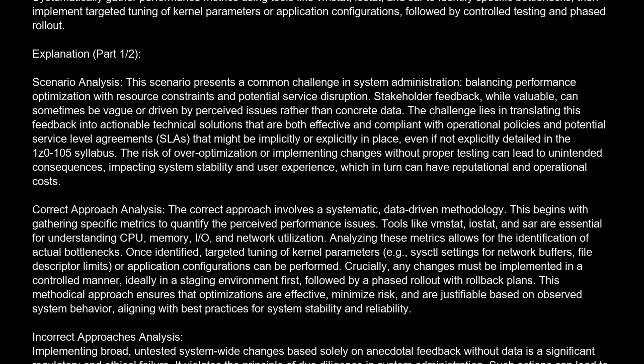Once identified, targeted tuning of kernel parameters, e.g., system settings for network buffers, file descriptor limits, or application configurations can be performed. Crucially, any changes must be implemented in a controlled manner, ideally in a staging environment first, followed by a phased rollout with rollback plans. This methodical approach ensures that optimizations are effective, minimize risk, and are justifiable based on observed system behavior, aligning with best practices for system stability and reliability.